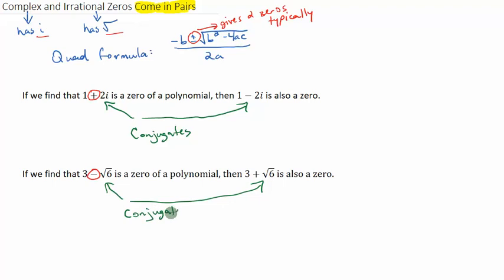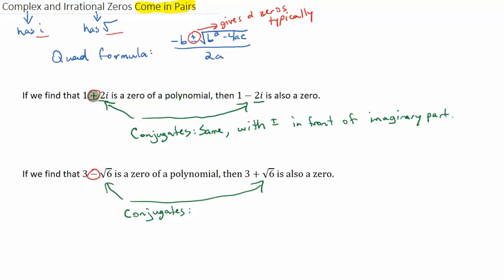What makes them conjugates is, well, in this case, they're the same with a plus or minus in front of the imaginary part. In this case, the imaginary part is the 2i part.